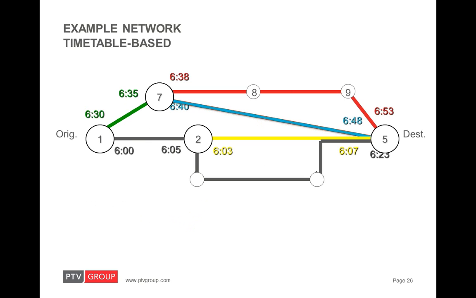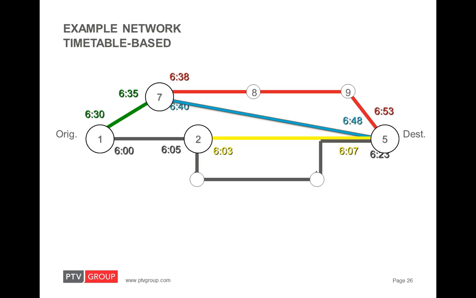If we look at this from a timetable-based view, we can see that, for example, the path first with the black line and then changing to the yellow line is not attractive, because it was a 1 hour headway, and we can see that we miss the connection at stop 2.